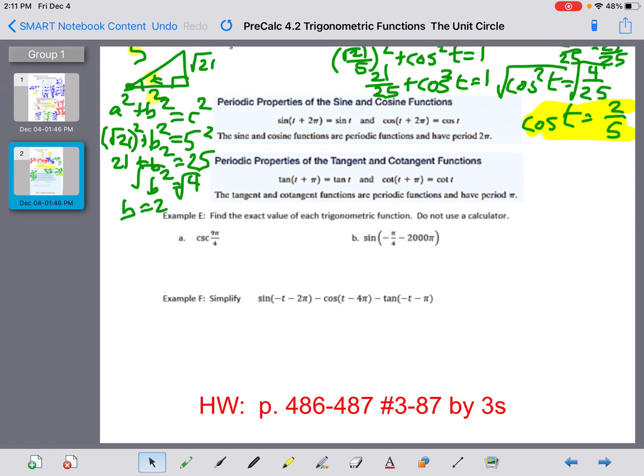We call it periodic because periodic means it repeats every period, okay? It keeps repeating each period. Basically, it's saying I have a value on my unit circle and I can add a full circle to it at any time.